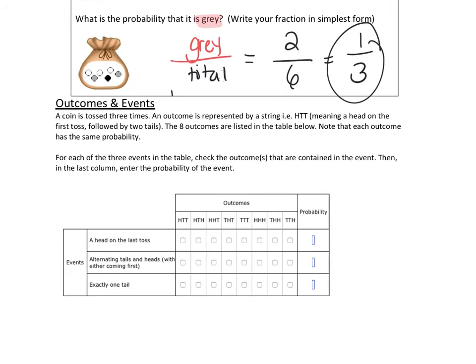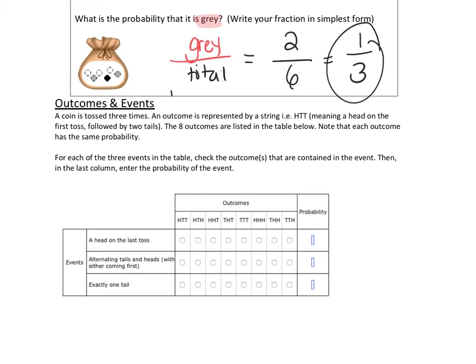Okay? Then you're going to be given a different type of problem. It's still probability, and it's talking about the probability of flipping a coin, whether it lands on heads or tails. This time they give you all of the possible outcomes for flipping the coin 3 times, and they want you to check off which ones have certain events.